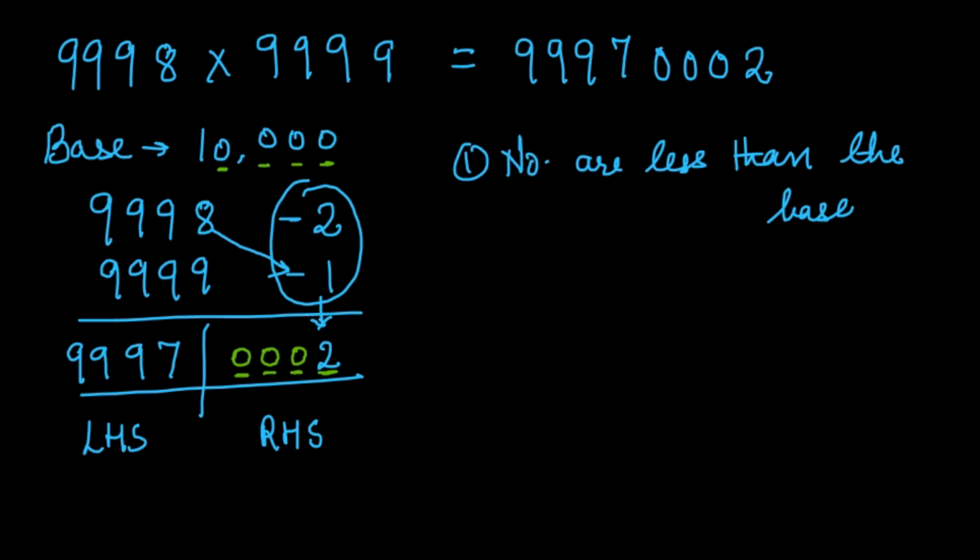These can all be handled by this base method of multiplication. Each of these scenarios we will handle separately in different videos. Our next video will focus on how to multiply two numbers which are nearer to the base and more than the base.